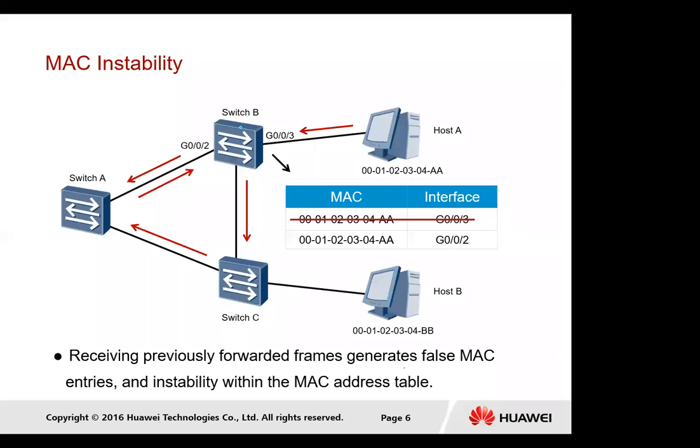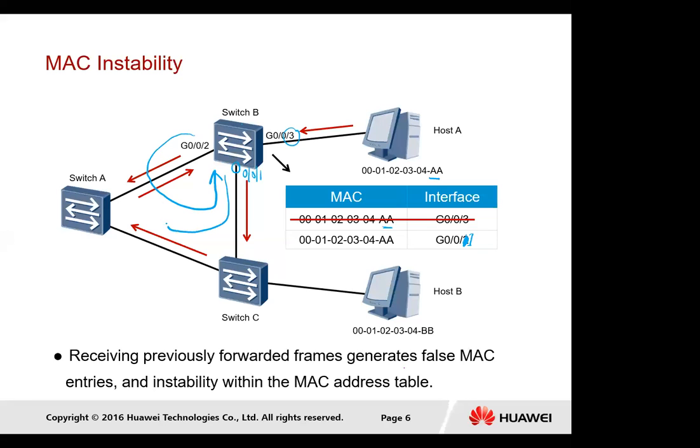When switch B receives a frame, I know that it comes from AA, so I take note that on port 3, this is your MAC address. But after I send it, because I want to know where the destination is, after a single loop happens, the frame comes back to switch B and I learn from another interface. Let's say this one is GE 1. I will learn from GE 1.